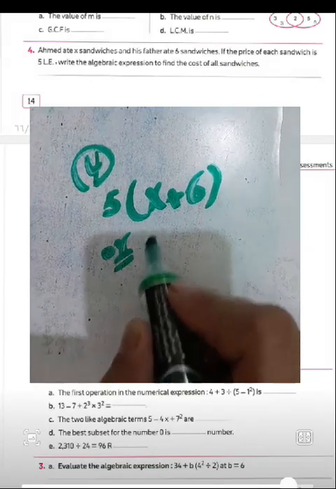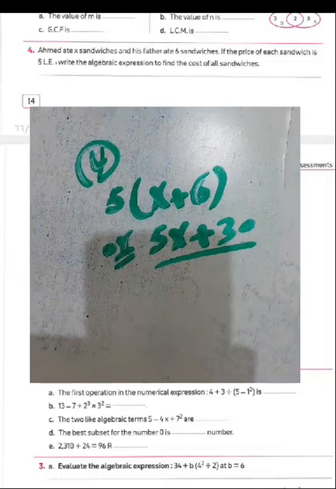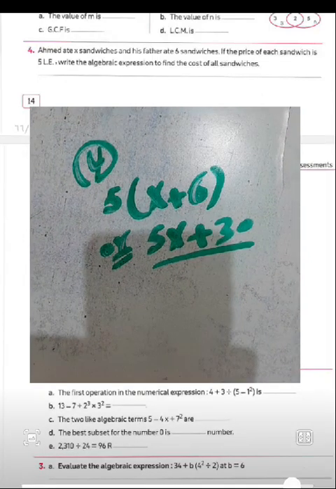Or you can, using the distributive property, write 5x plus 30. Understood? We use here the distributive property. 5 times x equals 5x, and we have 5 times 6 equals 30. Then the expression, you can write 5 times the parentheses or 5x plus 30.